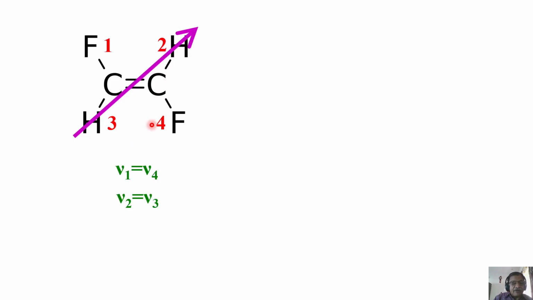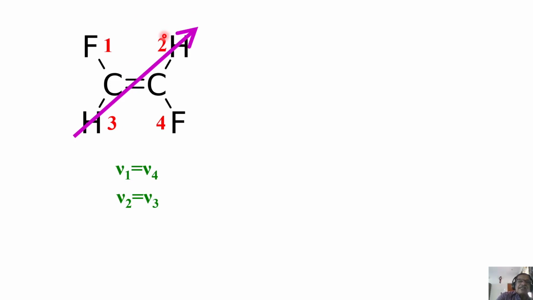Similarly, look at protons. Nu2 is equal to nu3 because of the symmetry operation. So proton 2 and proton 3 come at the same chemical shift position. So they give a single peak. These two fluorines give a single peak in the fluorine spectrum. These two protons give a single peak in the proton spectrum. You understand how symmetry simplifies the spectrum.